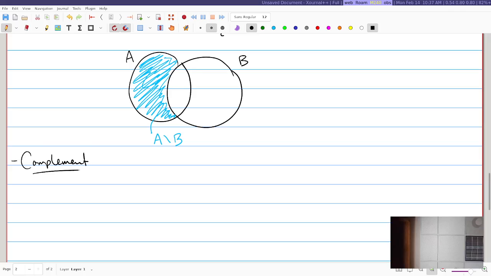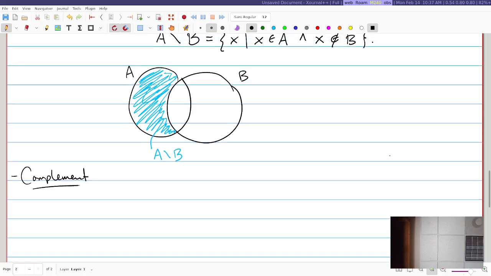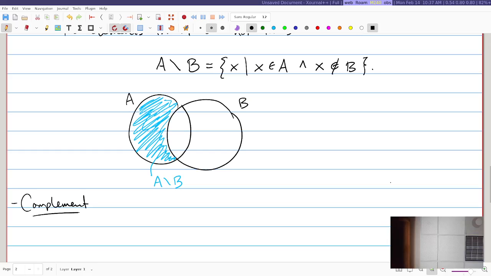The idea of set complement. So the basic idea is, just like union and intersection correspond to or and and, I'd like to have something for sets that corresponds to not. So I want to say, like, all the things that aren't in this set. Okay, but we have to be careful, because what exactly does that mean?